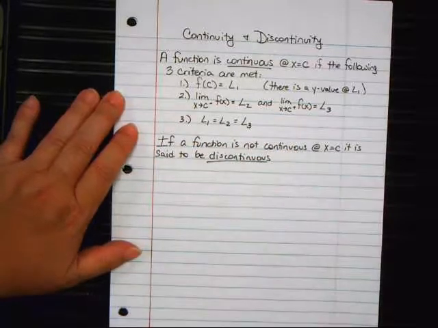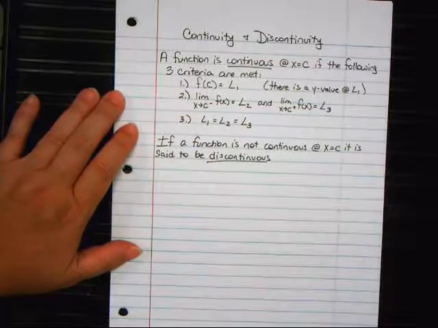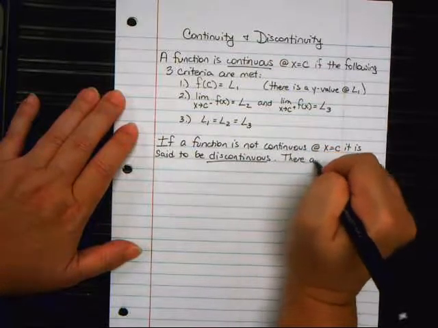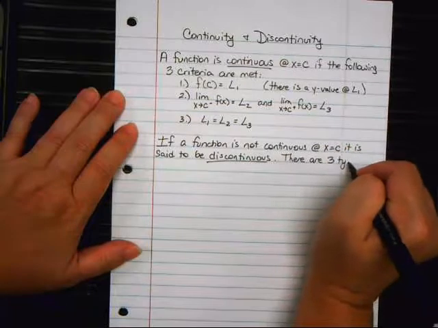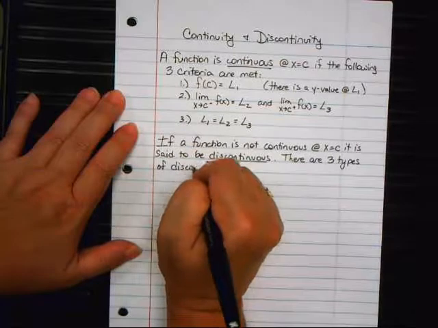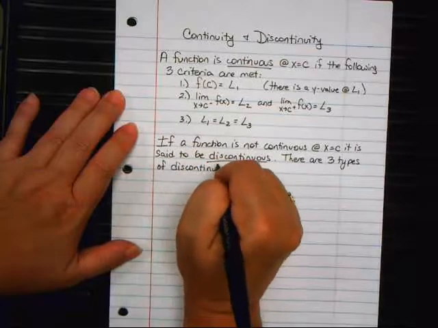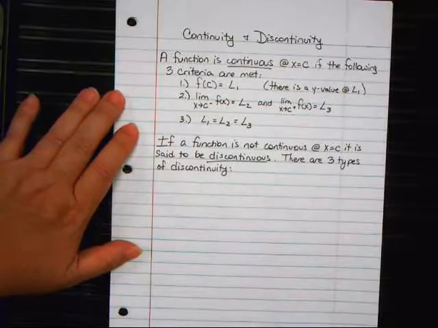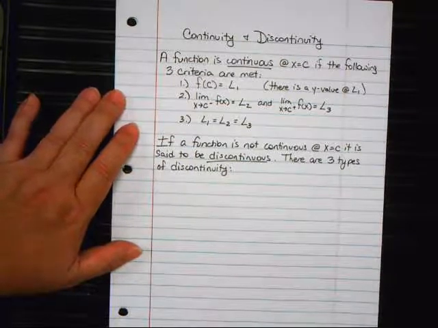We don't say not continuous, we say discontinuous. And there are three types of discontinuity that you need to be familiar with. So there's three criteria to be continuous, and then there's three types of discontinuity.